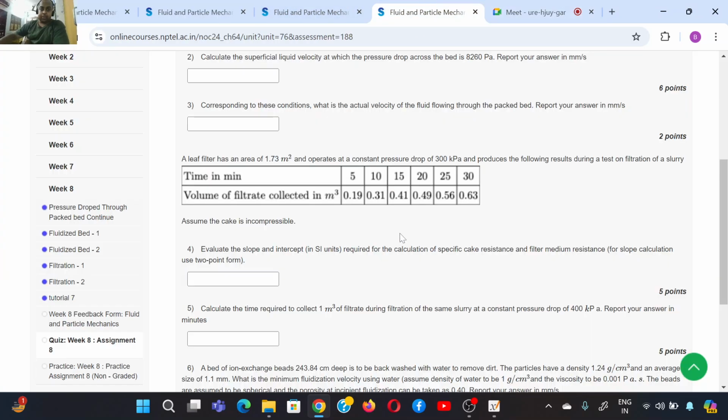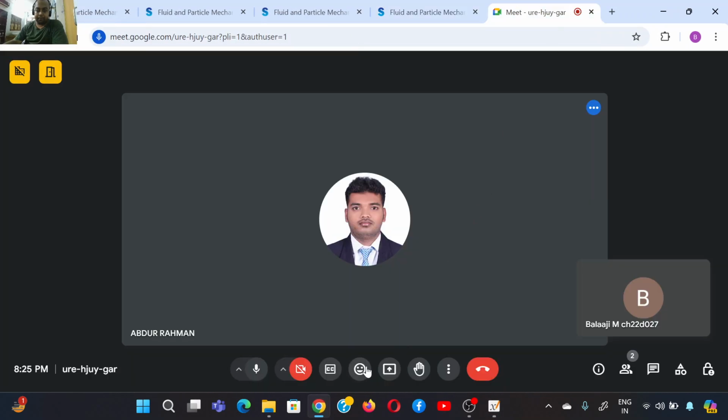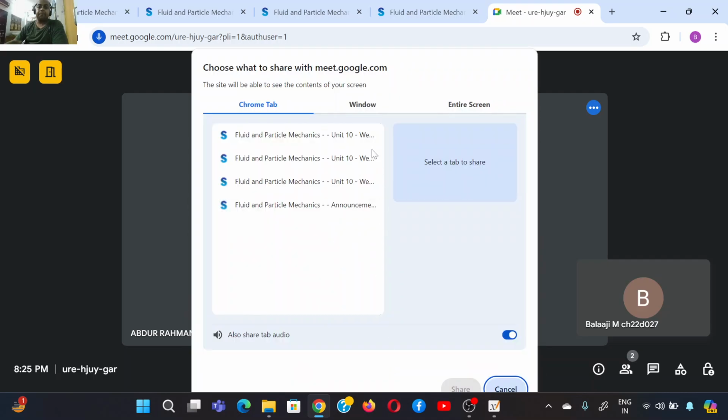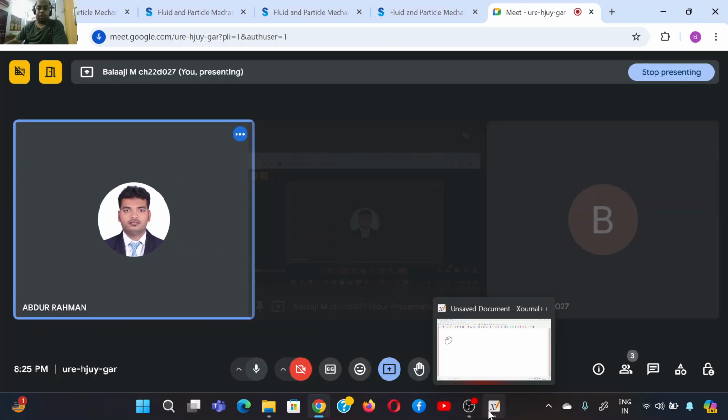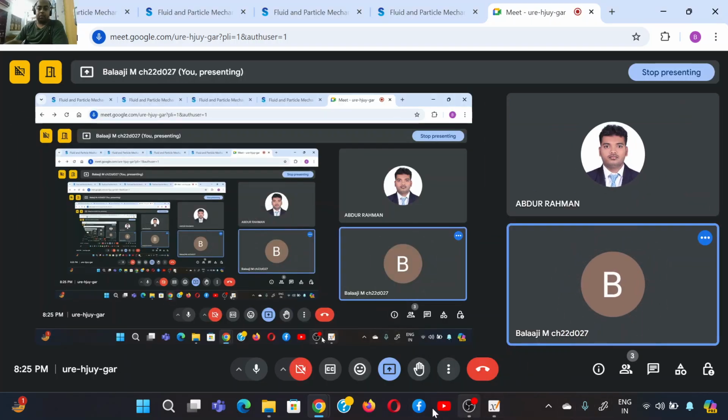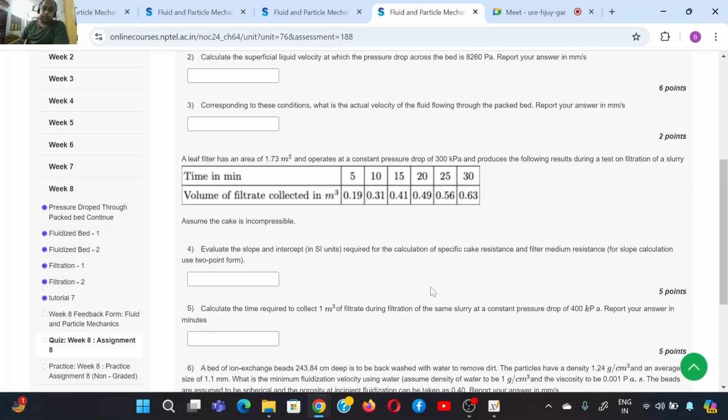So the fourth question is: a leaf filter has an area of 1.73 meter square and operates at a constant pressure drop of 300 kilopascals and produces the following results during a test of filtration.